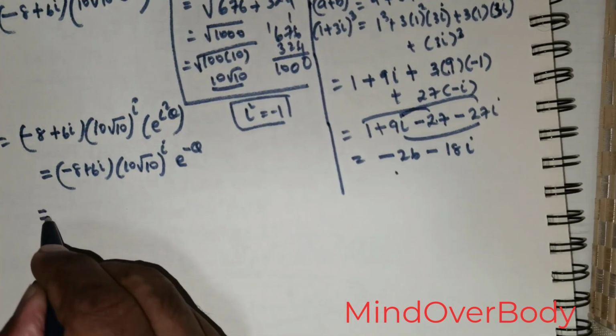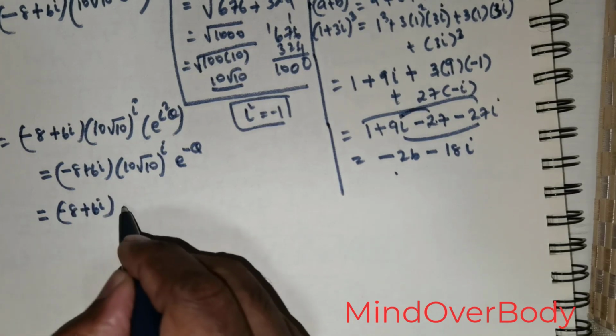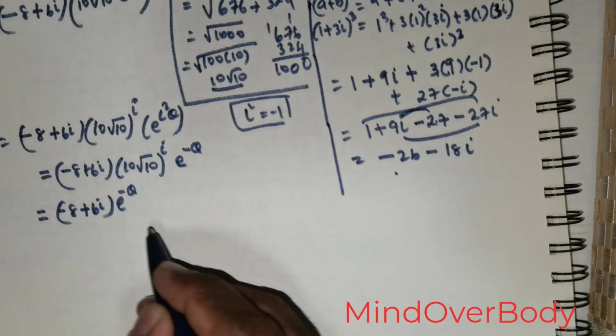So I'm going to rewrite this again as negative 8 positive 6i times e raised to the power negative theta.